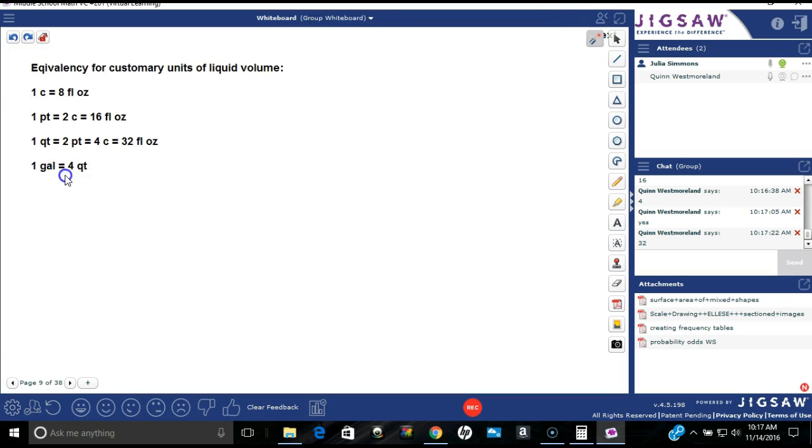And now we're going to look at our gallons. We have 4 quarts in a gallon. Well, if we know that there are 2 pints for every quart, how many pints are in a gallon?